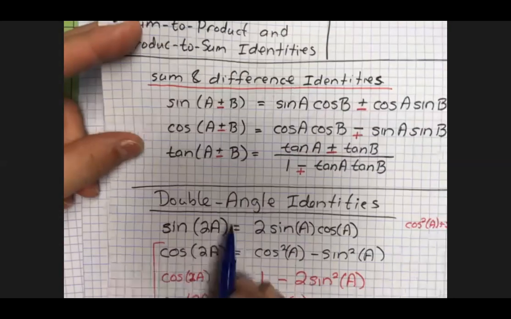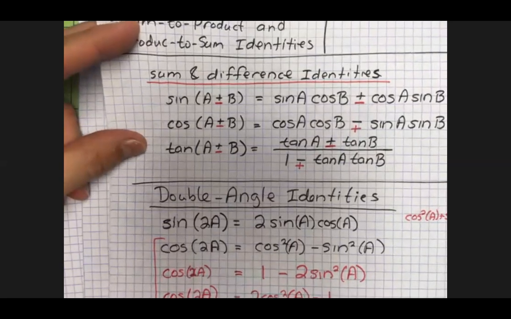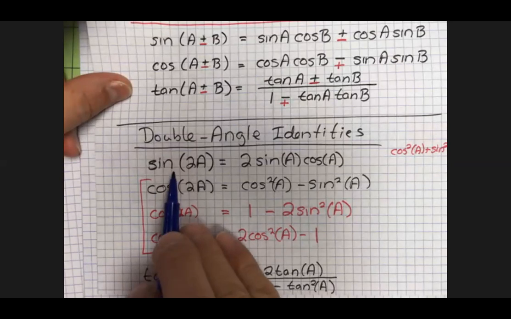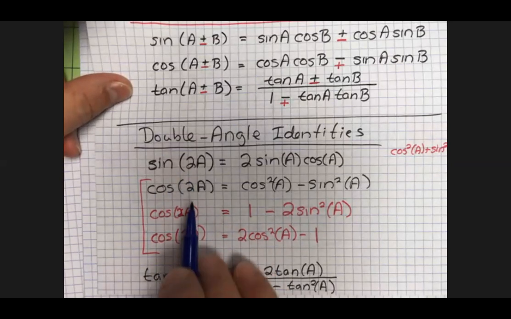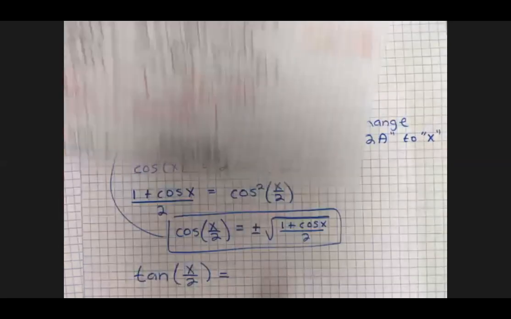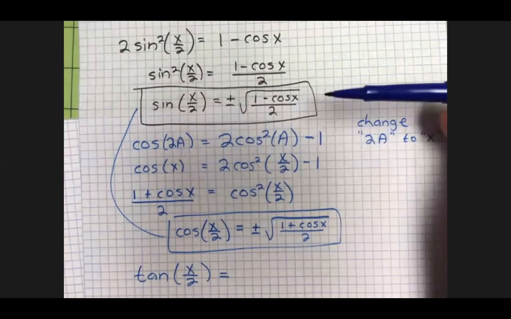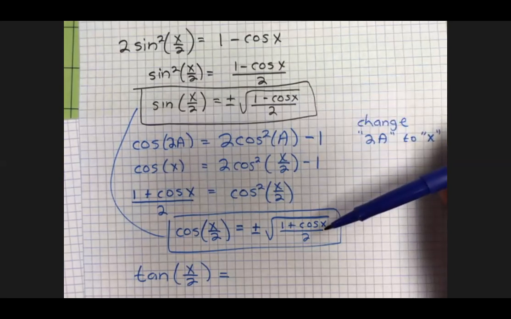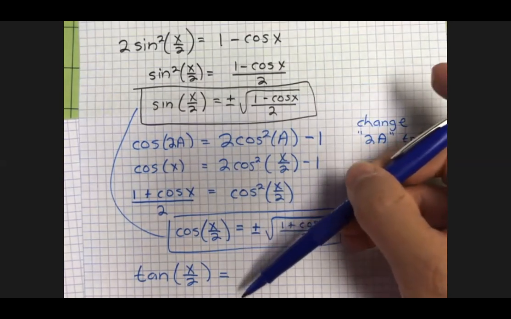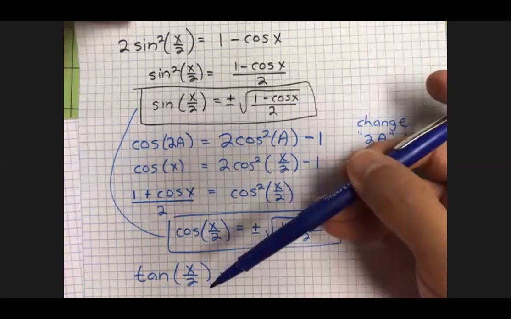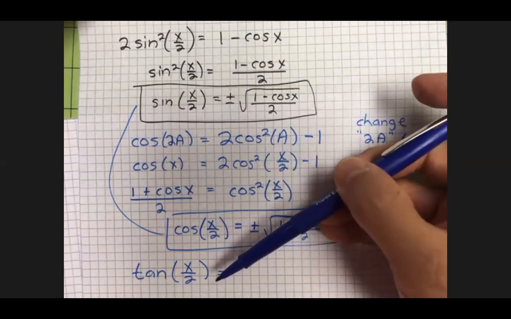The double angle formulas, the cosine had 3 versions. It's sine double angle, tan double angle, but 3 versions of cosine double angle. In the half angle identities, you have sine and cosine, and you have 3 versions of the tangent of a half angle. Before we write down those formulas, though, I'll come back to these formulas. Let's do an example.